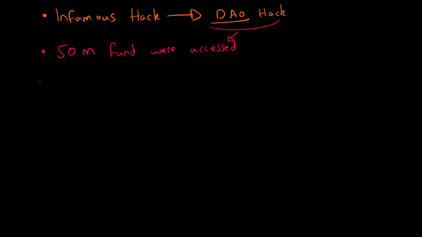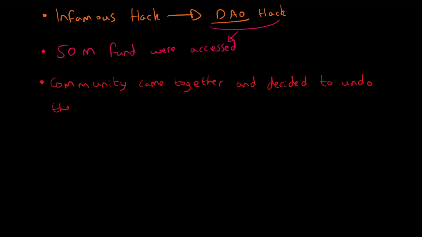And what happened was the community, the awesome community of Ethereum, I was talking about Bitcoin then, the awesome community of Ethereum came together and decided to undo the hack using a hard fork.